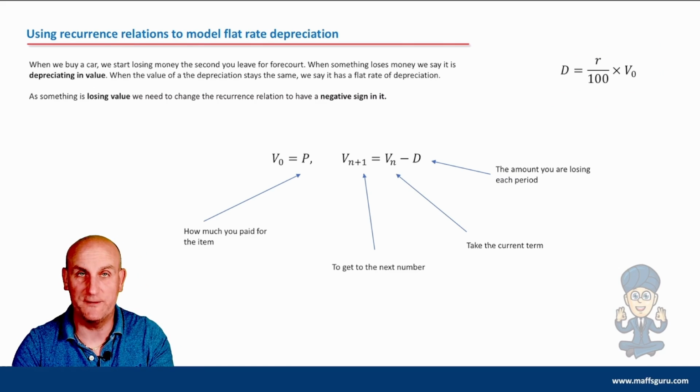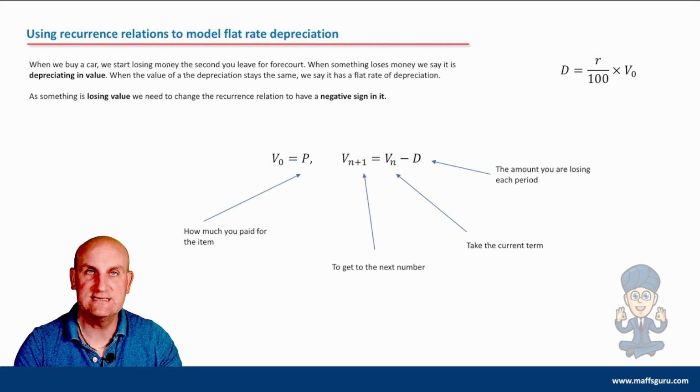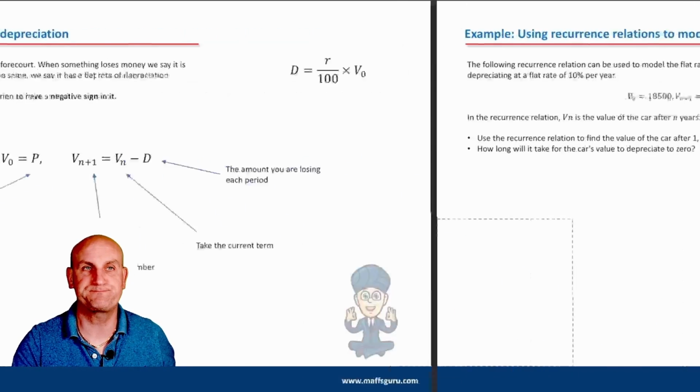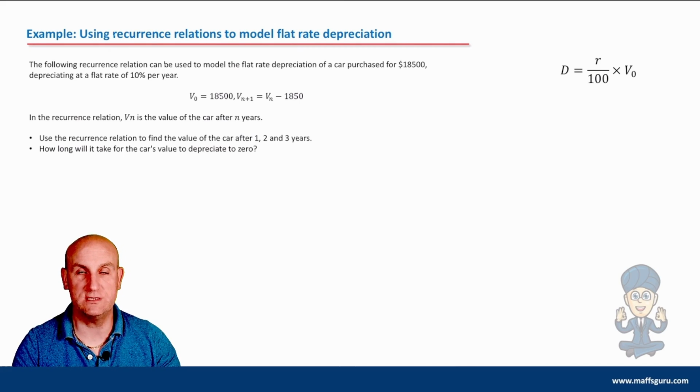But because it's flat, it means it's going to stay the same. And so the only difference from my previous formula is that minus sign, right? So depreciation, there is a minus sign there. Interest would be a plus, but the same for the rest of the question. Flat rate depreciation. And to be fair, this type of thing should really go in your summary book, yeah? Just so that you know the difference.